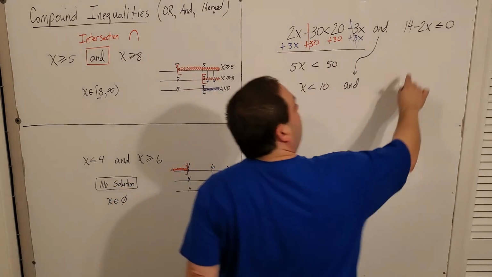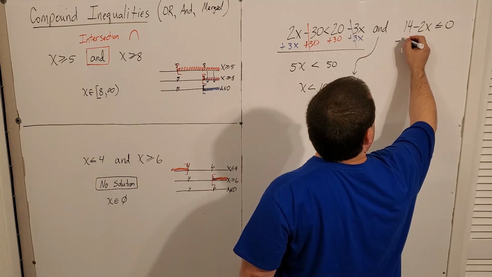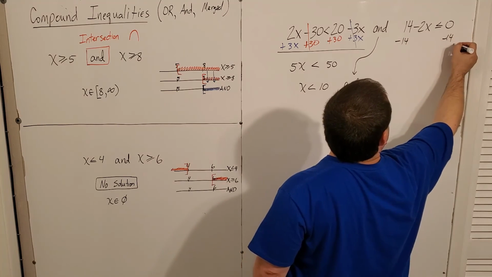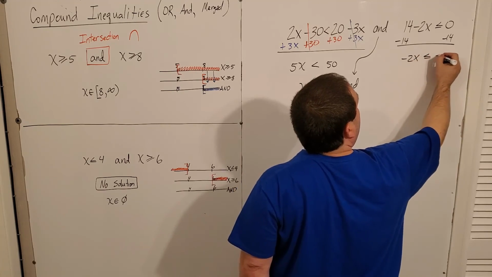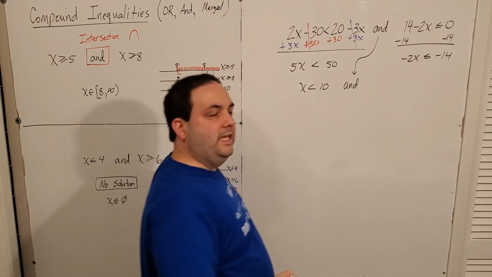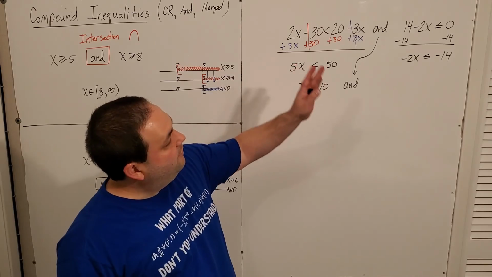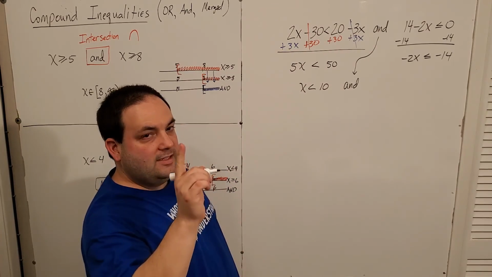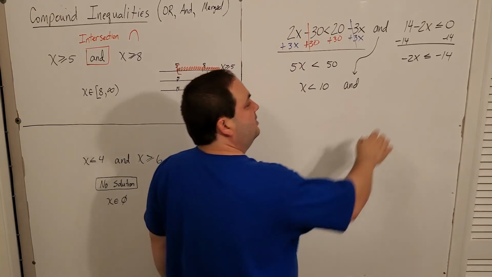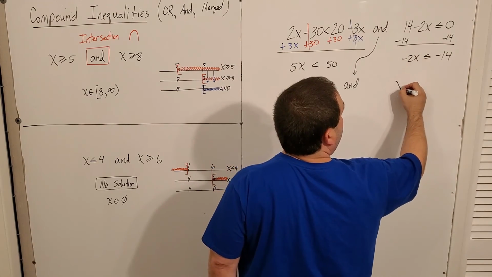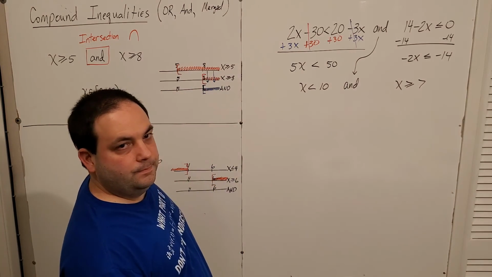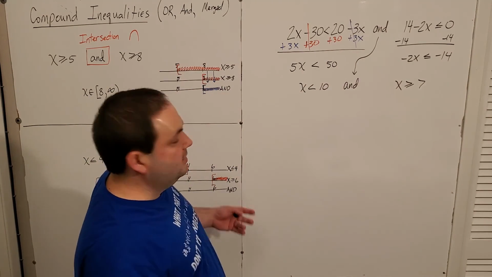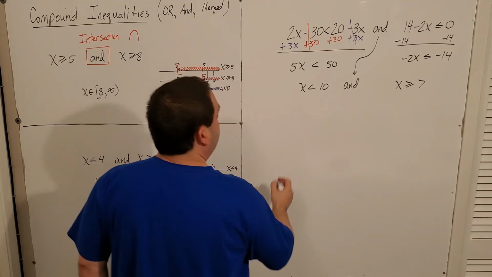Next, I'm going to subtract 14, because remember I want letters to the left. So that gives me negative 2x is less than or equal to negative 14. I'm going to divide both sides by negative 2. That's division by a negative. It's going to reverse this. X is greater than or equal to 7. All right? Let's do the 3-line combine here.